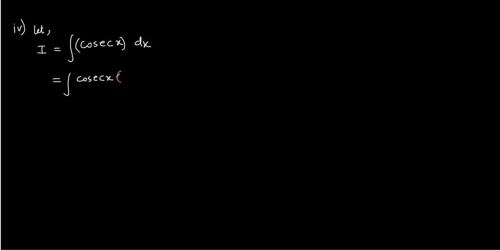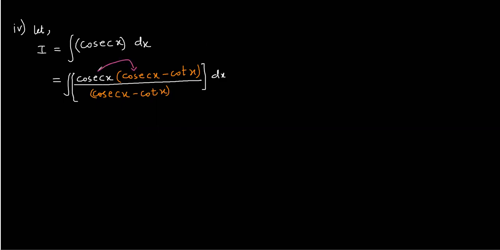So what I do, I multiply cosec x by cosec x minus cot x and I divide by cosec x minus cot x, which is allowed. Now why I do that, you will understand very shortly.